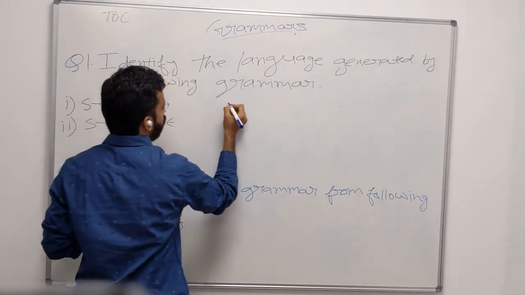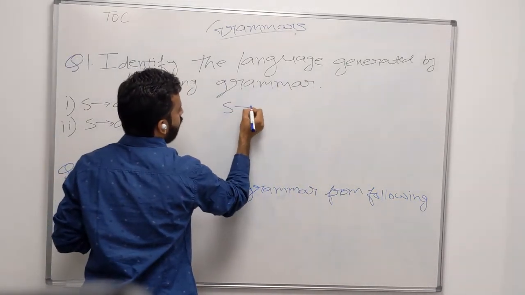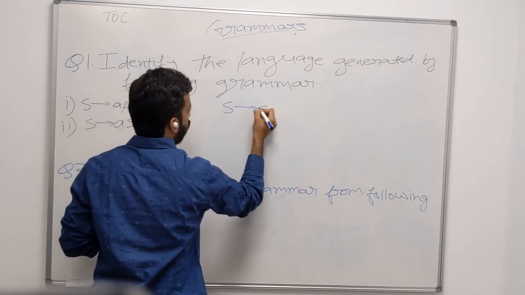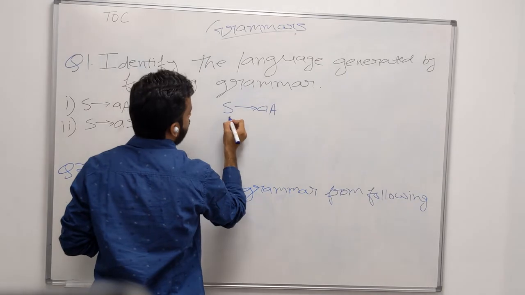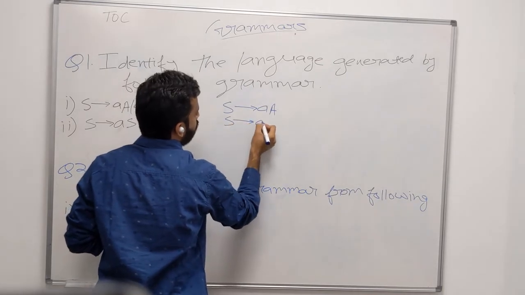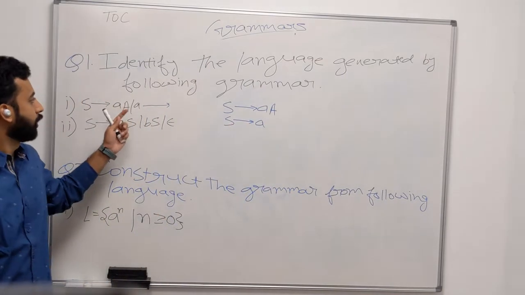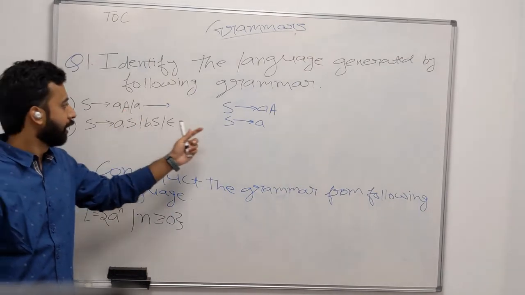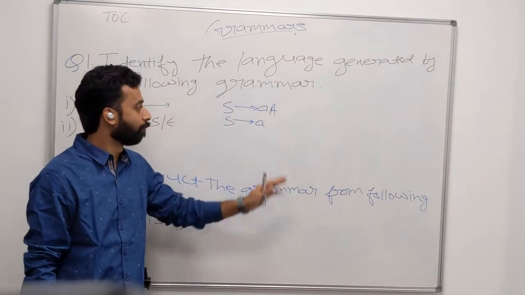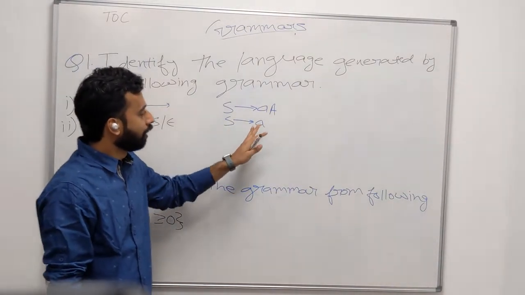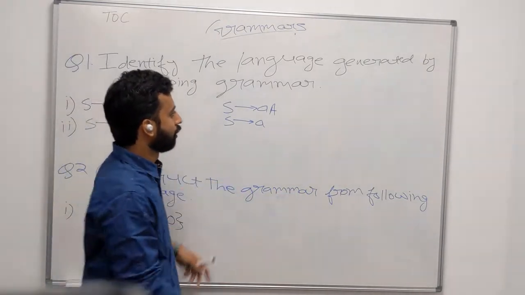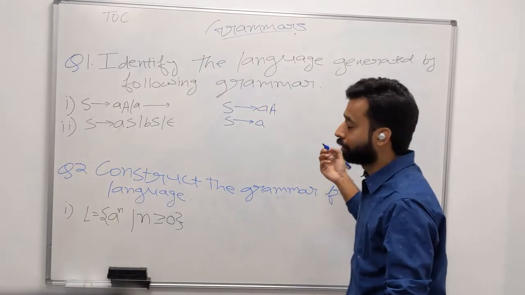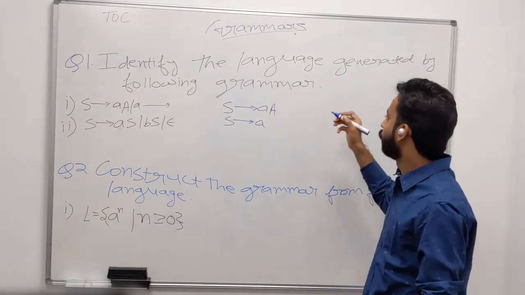So this is the question. Capital S is giving two productions, one is this one and another one is this one. So capital S is producing either small a with capital A, or only small a. Let us try to find out the minimum string which can be produced from this. So let me make the parse tree for better understanding, because this is the first question.